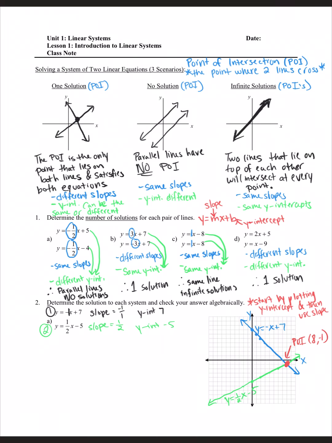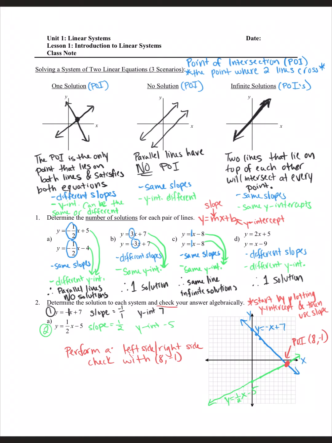We should now check that answer to make sure it works in both equations, because remember above we said that a solution will be on both of the graphs and it will also satisfy both equations. So we're going to perform a left side, right side check with that point, 8, -1.